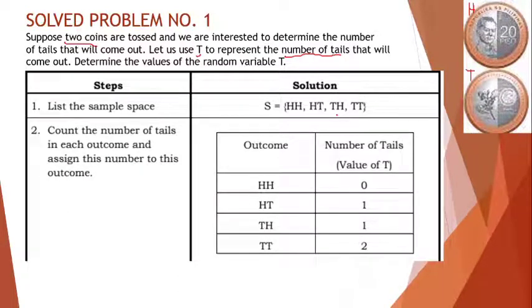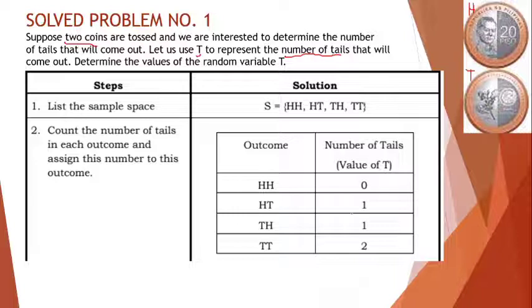So count the number of tails since we are going to find the values of T. Count the number of Ts in each outcome and assign this number to the outcome. In the four outcomes, did you see some tails there?